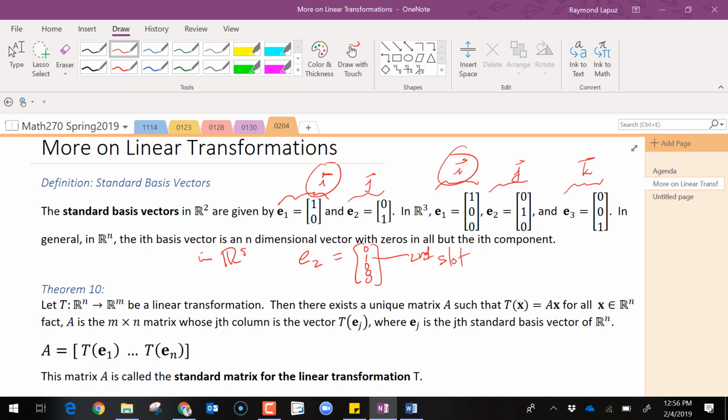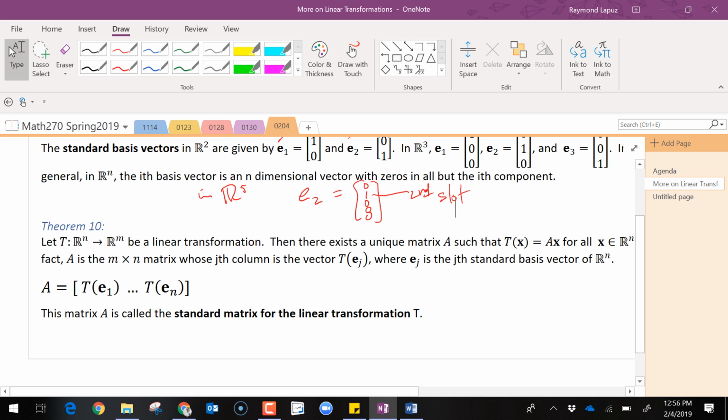All right, now let's take a look at this theorem that says if you have a transformation going from Rn to Rm, and it's a linear transformation, then there exists a unique matrix A such that T of x is equal to A times x. We've already made the relationship between the transformation and some matrix, if it's a linear transformation.